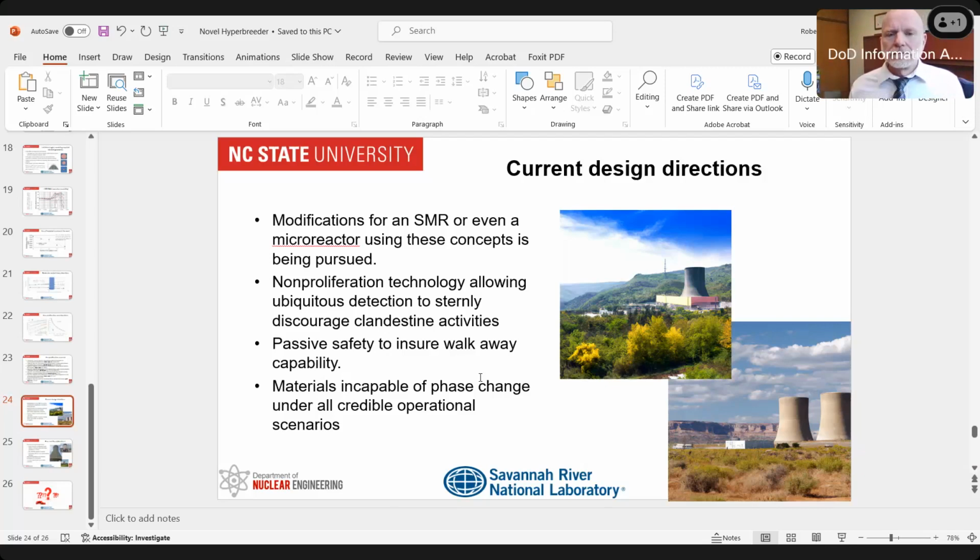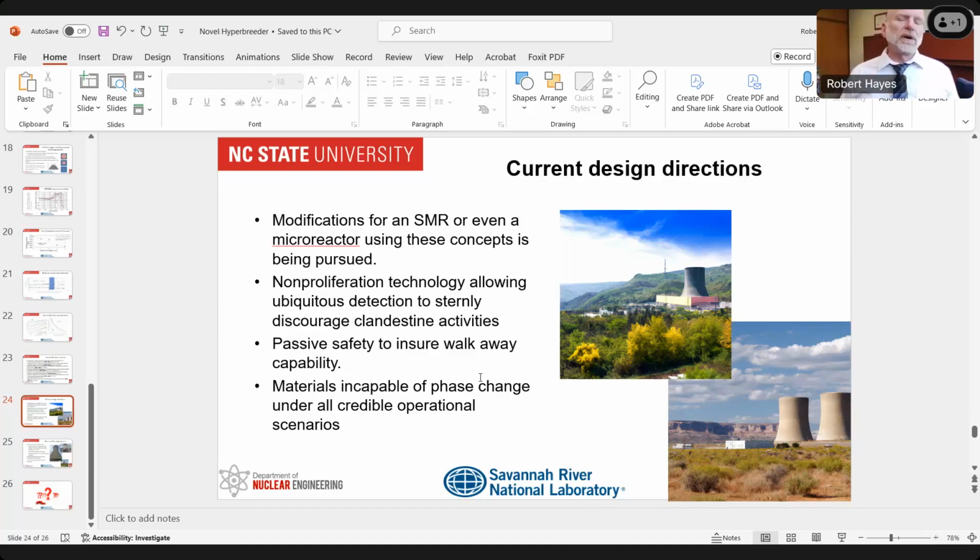All right, our next question from Adam. If using only existing UNF from US reactors, are there any guesses as to how much UNF you could use per year for, say, a 1 gigawatt capacity hyperbreeder? Well, we haven't done any analysis for recycling used nuclear fuel. We've considered that to be independent.